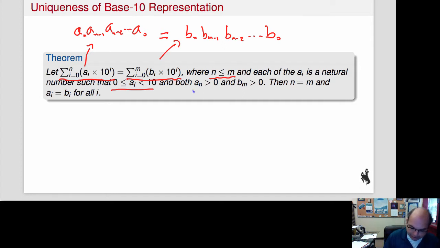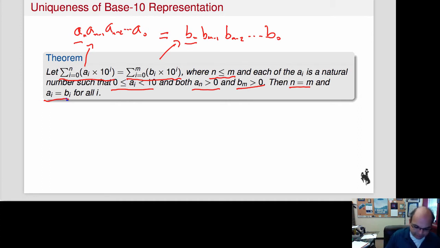I'm going to insist that the leading digits, a_n and b_n, can't be 0. And if that's the case, then what must be happening is that n is equal to m, and all of the a_i are equal to all of the corresponding b_i. So it's actually the same numerals.